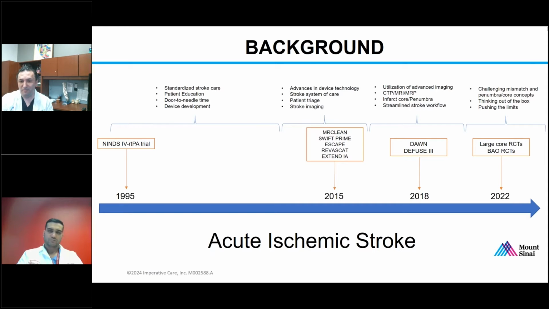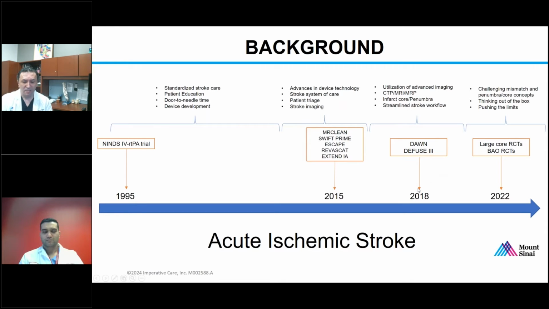But since then, every few years, we have had further expansion of indication for thrombectomy by utilizing advanced imaging and further pushing the limits of thrombectomy by challenging the known concept of penumbra with large core infarcts, and recently with RCTs on basilar artery occlusion.